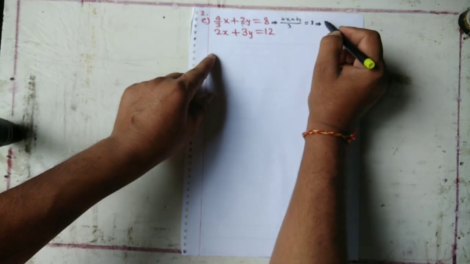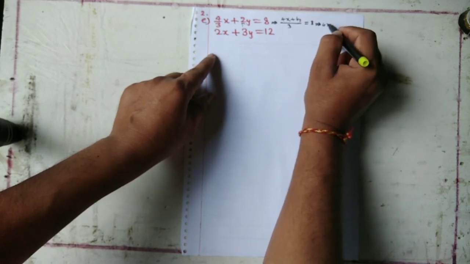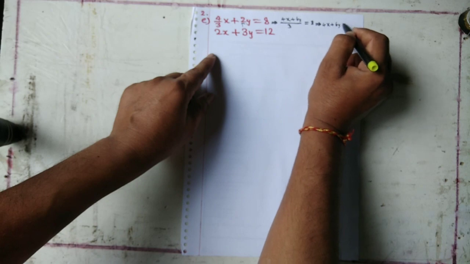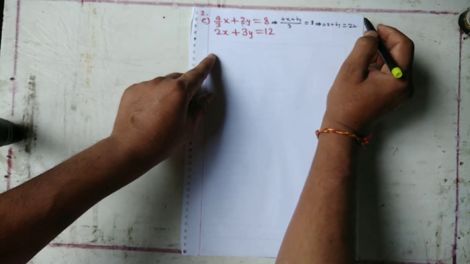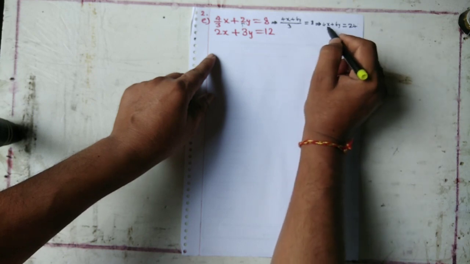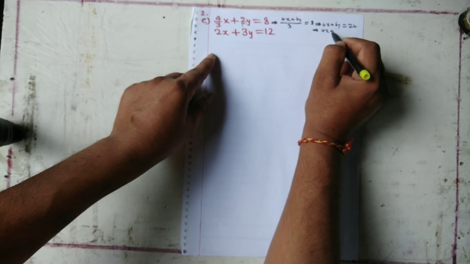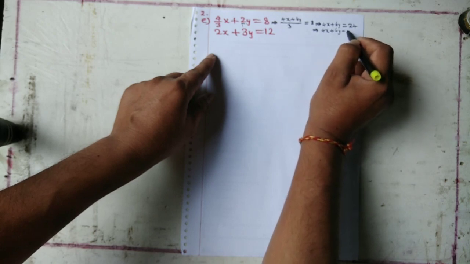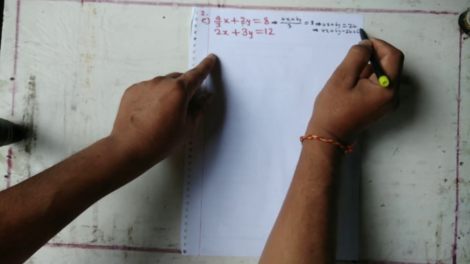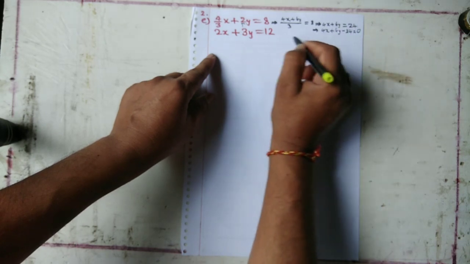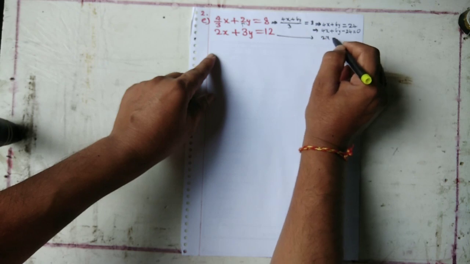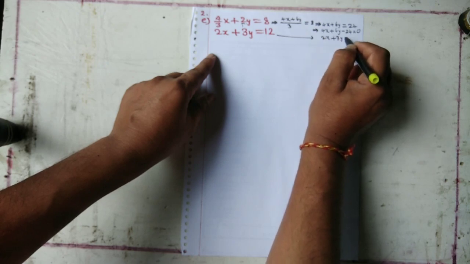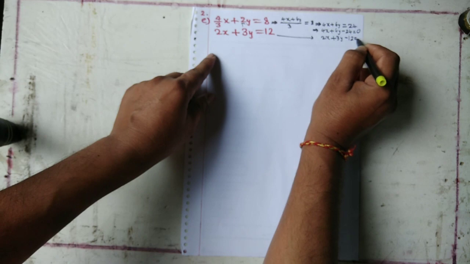Then 4x plus 6y is equal to 3 eights are 24. Then 4x plus 6y minus 24 is equal to 0. Second equation, 2x plus 3y minus 12 is equal to 0.